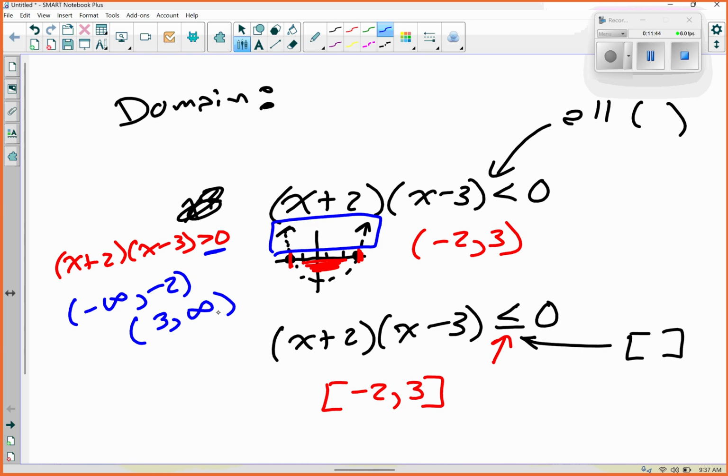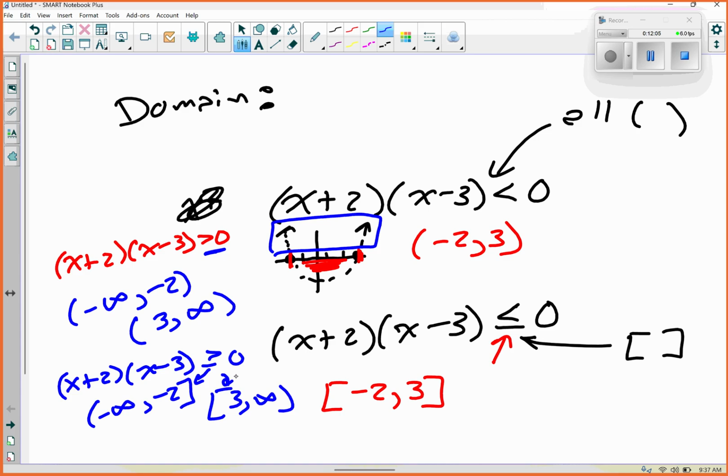And if I had the same equation with the equal sign but flipped the sign over, it goes from -infinity, still a soft bracket because I can't get there, to -2 with a hard bracket, and then a hard bracket from 3 to infinity. I get close, I approach it, but I can't ever get there. Think of your largest number, which we all have, the biggest number we could probably fathom.